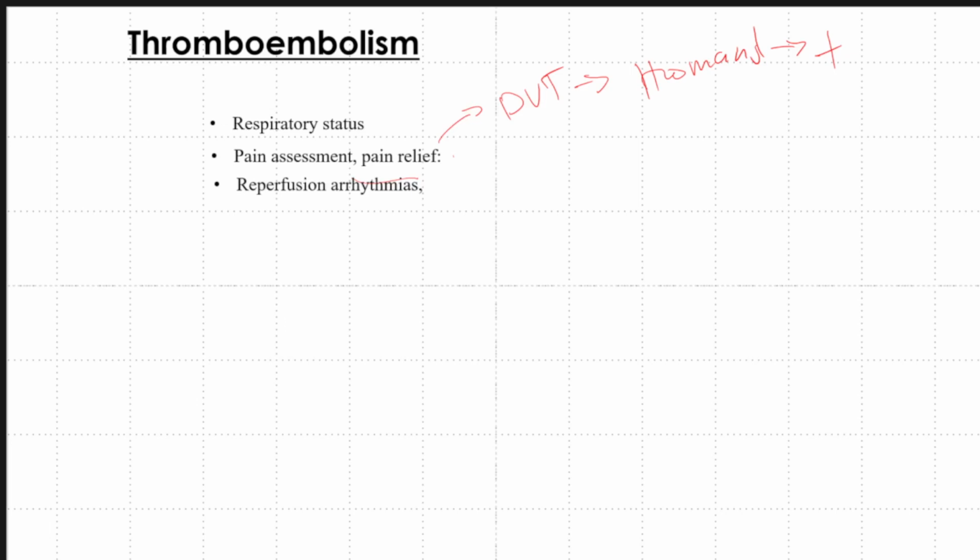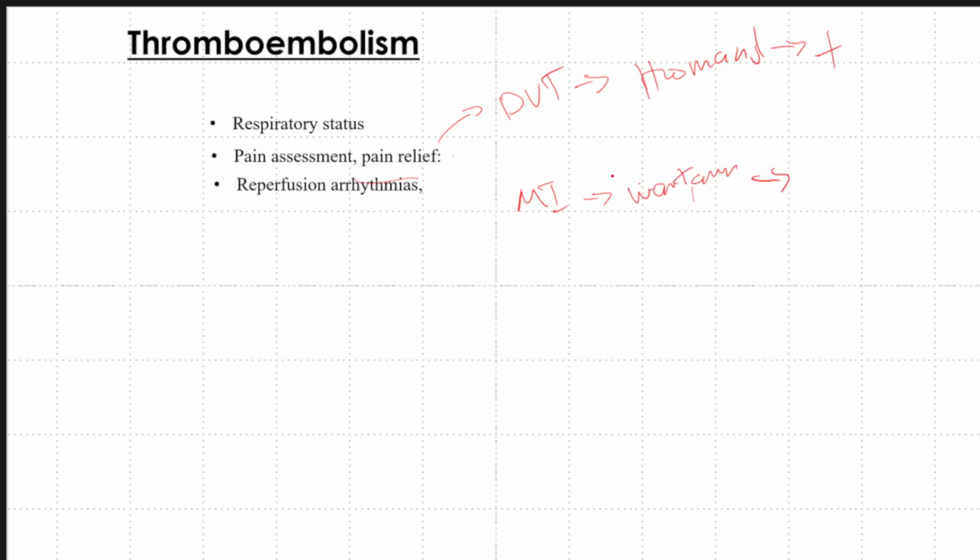Ano pa? Reperfusion arrhythmias. You need to look out for what you call reperfusion arrhythmias. Anong ibig sabihin ito? When an MI happens, or let's say a partial occlusion of a cardiac vessel happens, kapag you administer thrombolytic agents, kapag nag-administer ng anti-clotting, okay, like for example, warfarin, heparin, yung mga ganyan.